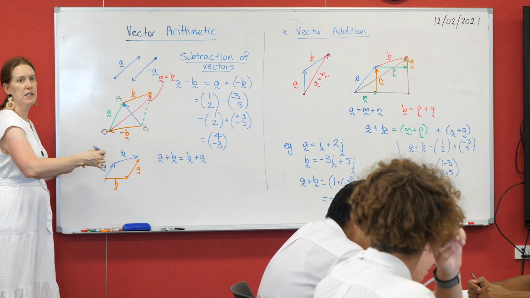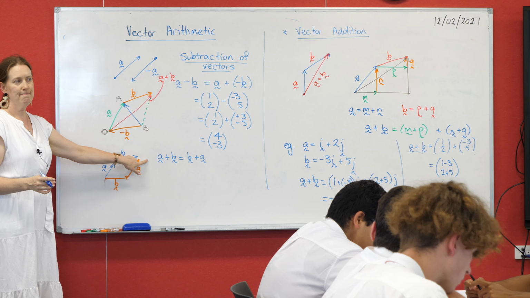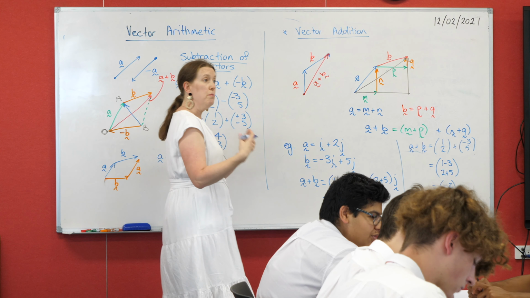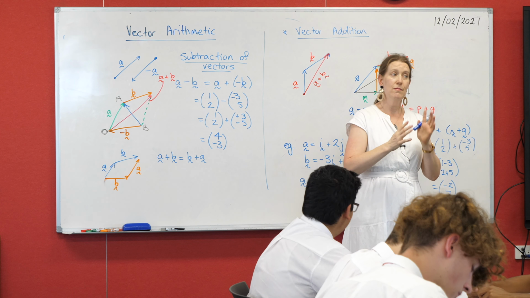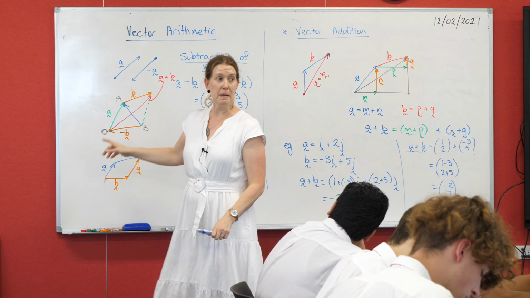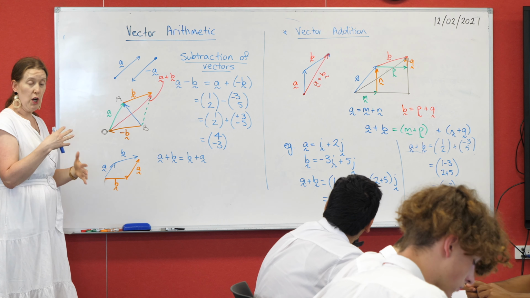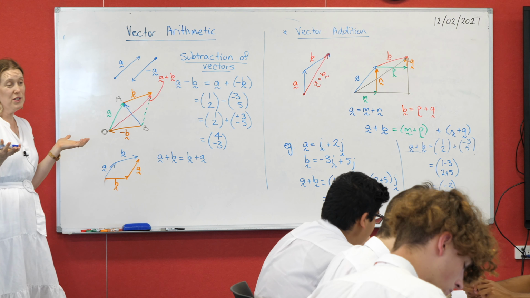What's the word for this? Commutative. Good. All right. Addition in vectors is commutative. Subtraction, not so much. If I turned this around to be minus A, we would end up with an entirely different thing. So we don't have commutative, which is sort of what we expect.